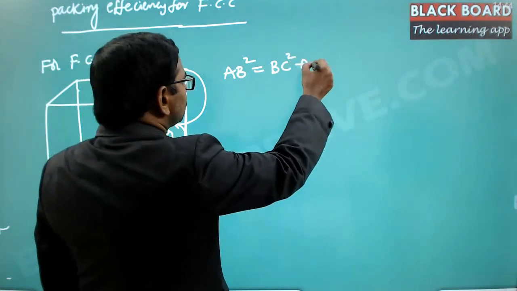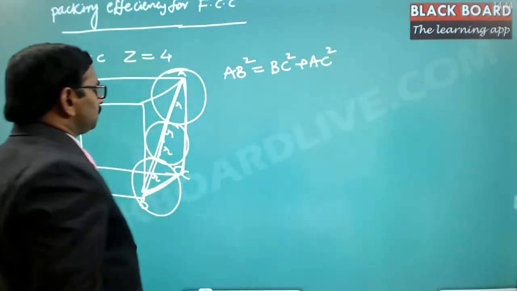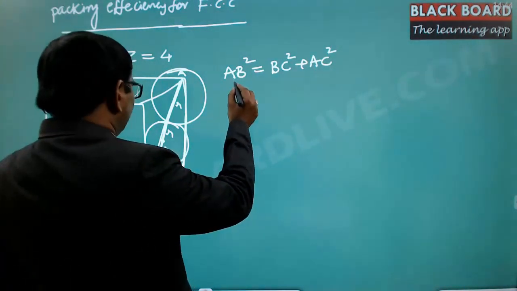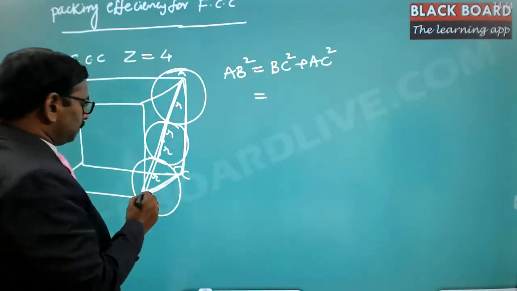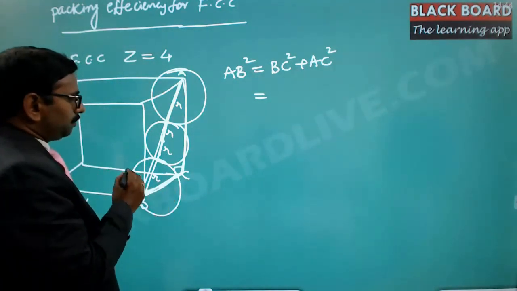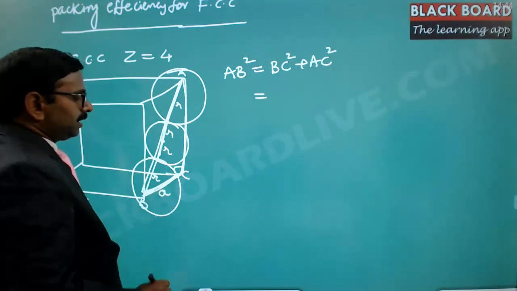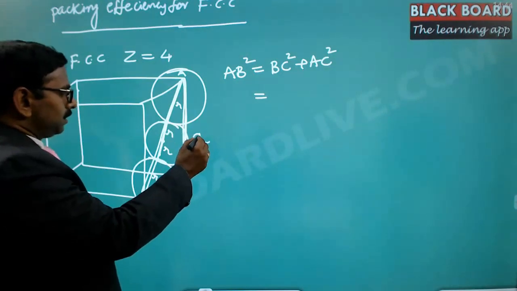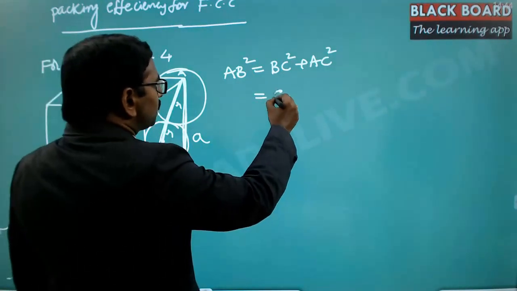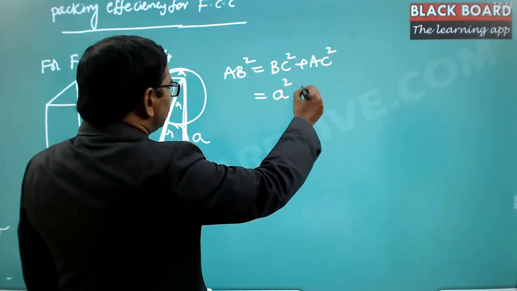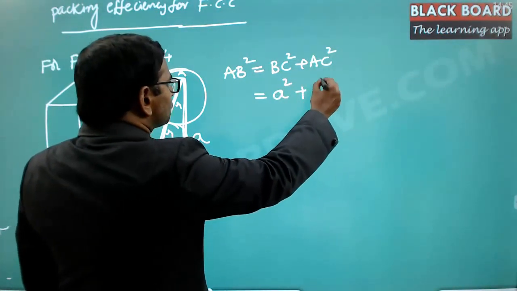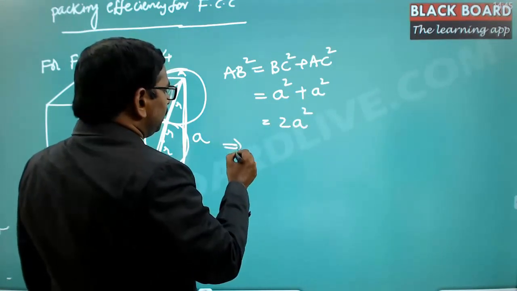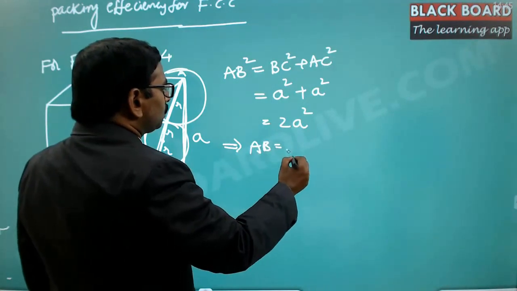BC is the edge length. It is a cubical system, so all lengths are equal to a. BC square is a square, AC is also a, so a square. Together 2a square, which implies AB is equal to root 2 into a.